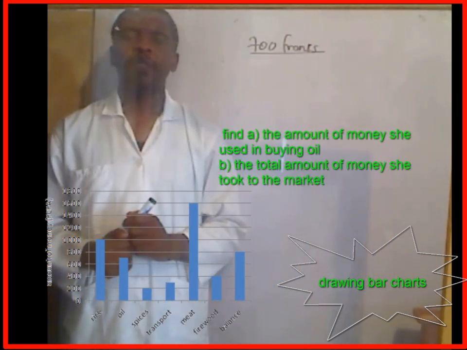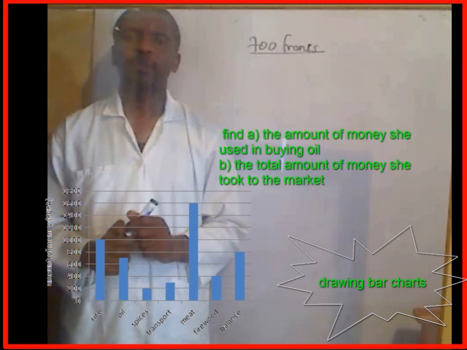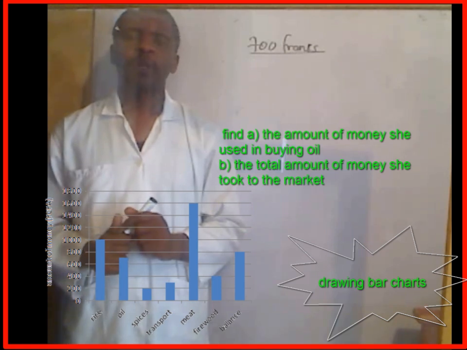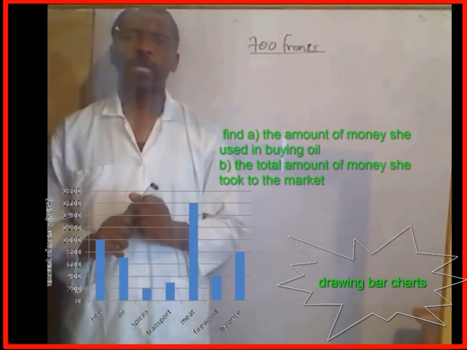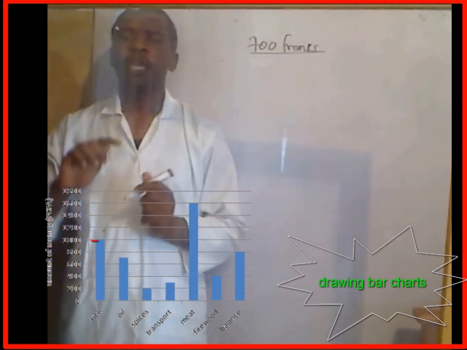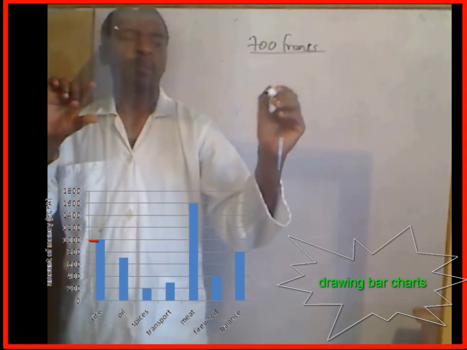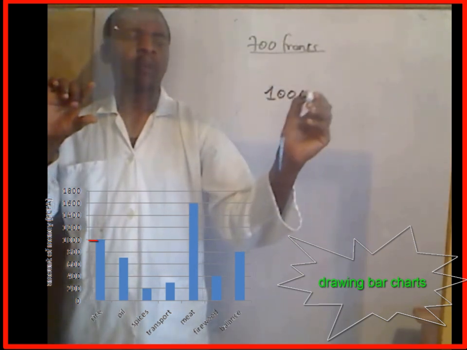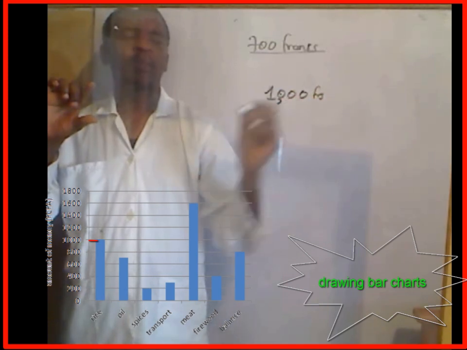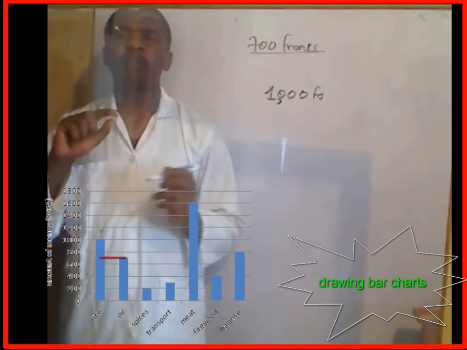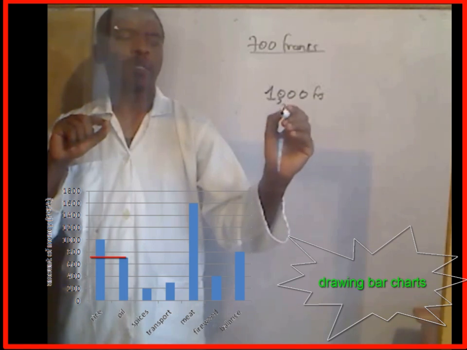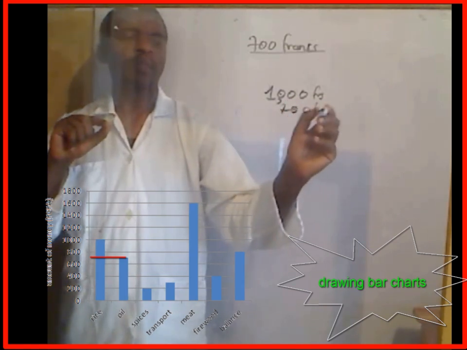Find the total amount of money she took to the market. So we have to add up all the values for the different items by reading off these values on the vertical line. So we'll see here that for the first item, which is rice, she spends 1,000 francs. Second item, she spends 700 francs.